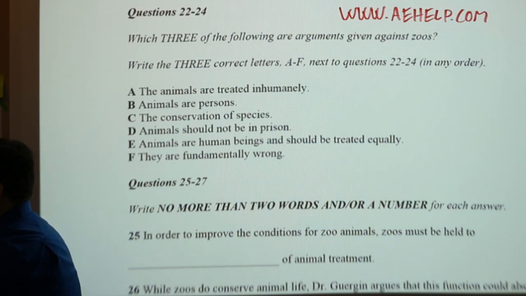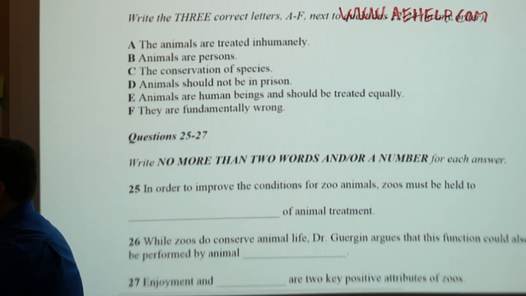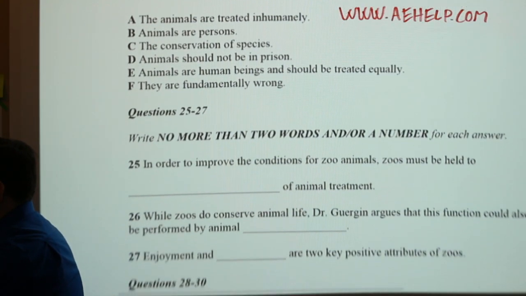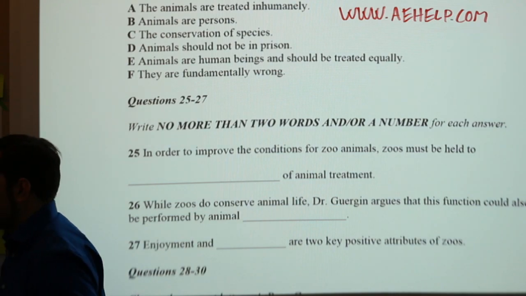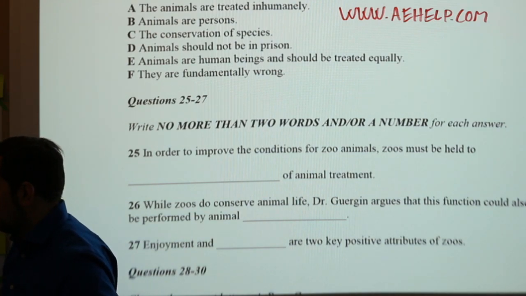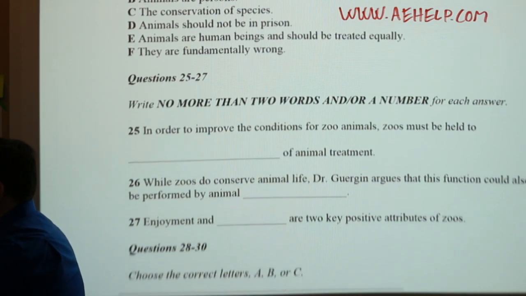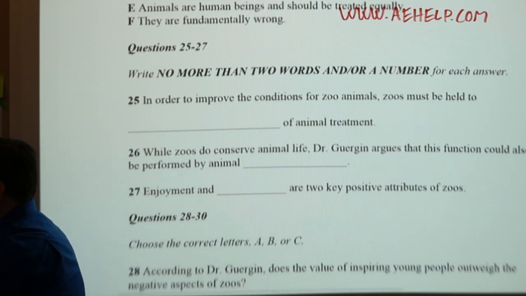I certainly understand Dr. Guergin's position, and I do agree on some of his points, most notably that zoos must be held to higher standards of animal treatment than they are currently. But my colleague fails to consider an important point in favor of zoos. The conservation of species is an incredibly important endeavor, and zoos are on the front line in the battle to save hundreds of species of animals around the world.